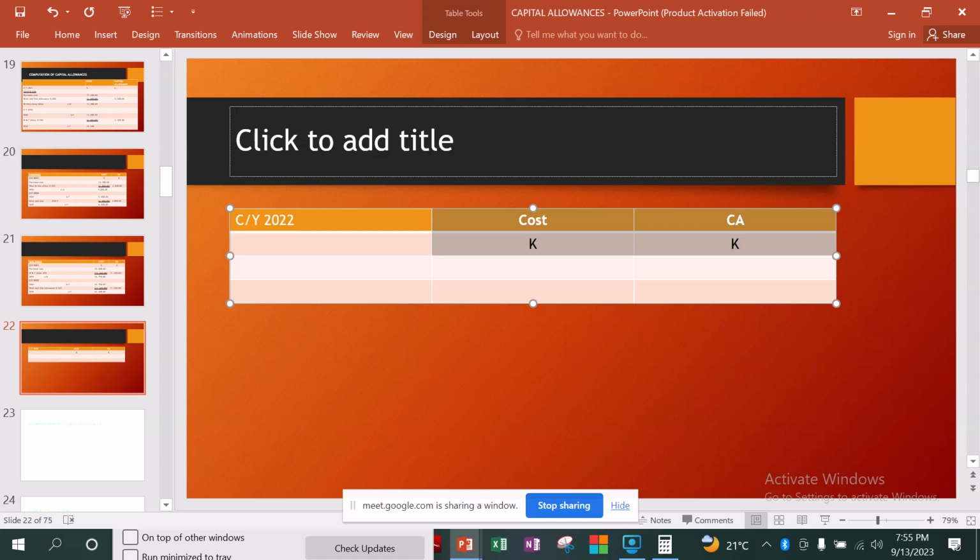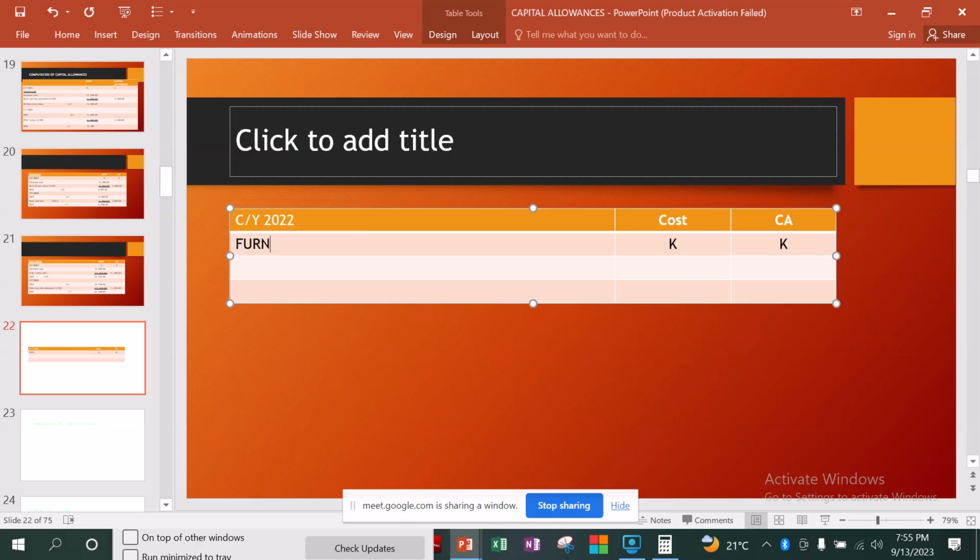Okay, something like that. So again, what asset do we have here? We have furniture. We made the capital expenditure on furniture.